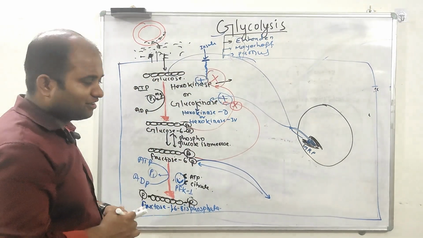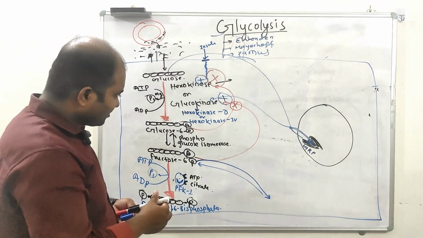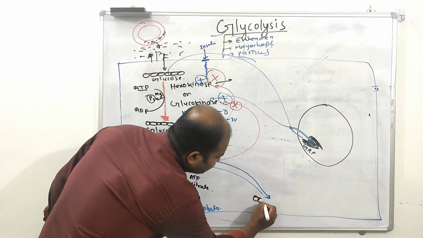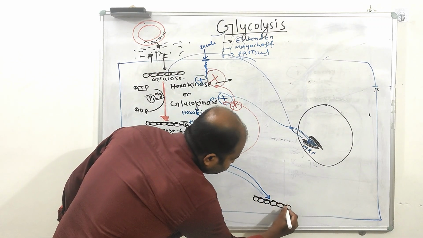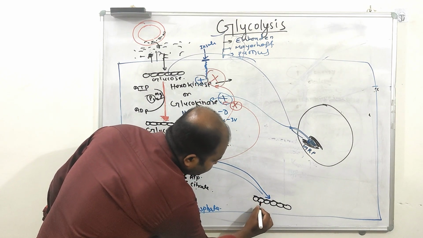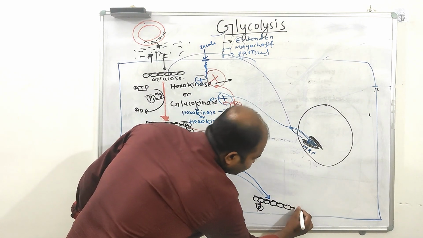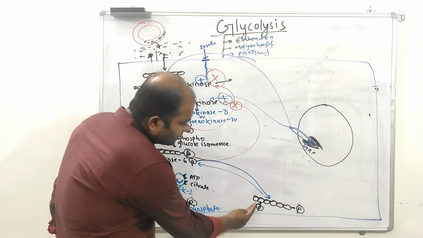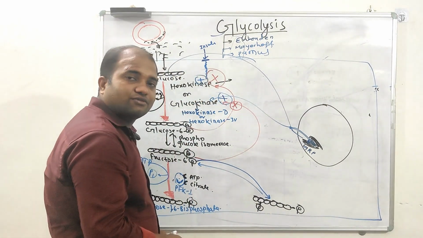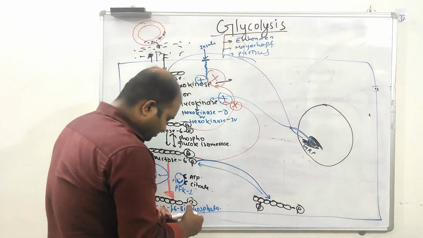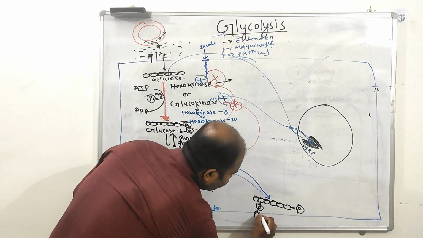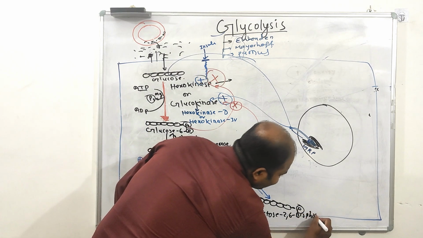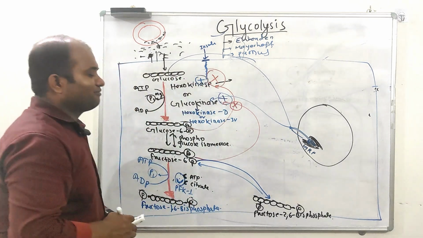This reversible product has one phosphate attached at position number 2 and one attached at position number 6, right? So this is called fructose 2,6-bisphosphate. Why am I talking more about this?